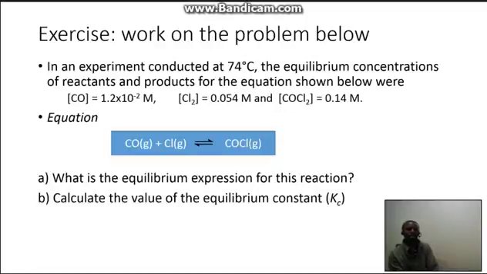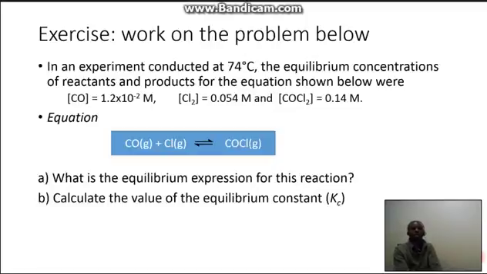In an experiment conducted at 74 degrees Celsius, the equilibrium concentrations of reactants and products for the equation shown below are, for carbon monoxide 1.2 times 10 to the power -2 molar, Cl2 is 0.054 molar, and COCl2 is 0.14 molar. So what is the equilibrium expression for this reaction?